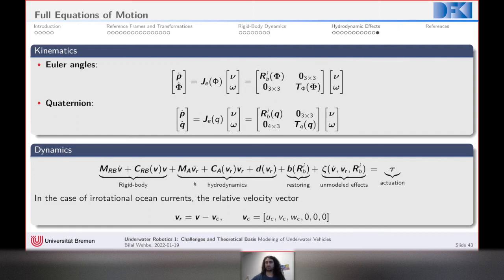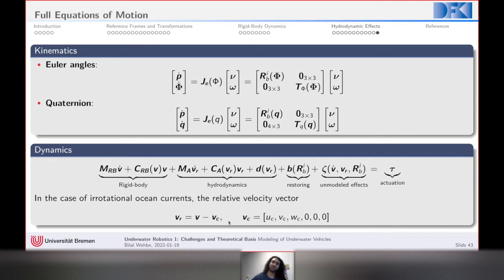So, assuming that there is an irrotational current, since we are always modeling the rigid body dynamics with respect to an inertial frame, we will always have the velocity with respect to the inertial frame in the rigid body part. However, in all the hydrodynamics, the velocity of the fluid with respect to the body has to be considered.